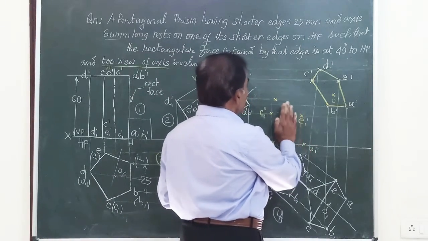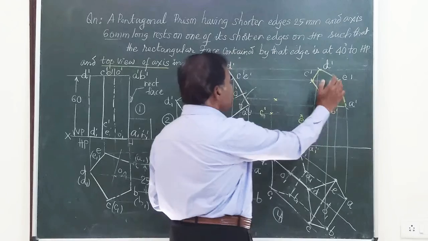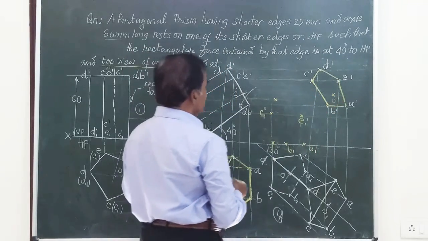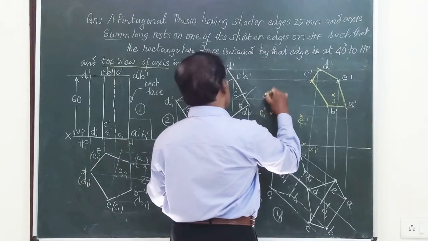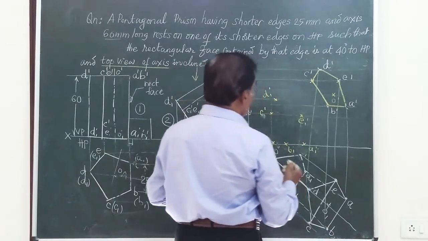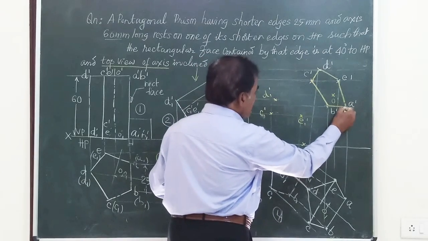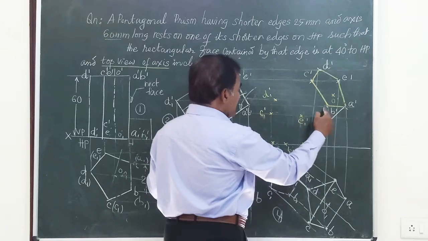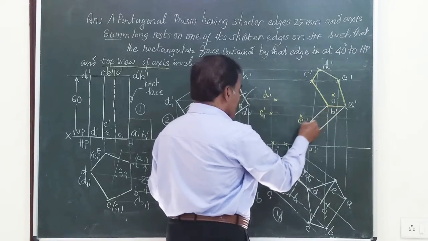If you join these 5 points by straight lines, the figure you get will be exactly identical to the top face. So let me join all these by straight lines one by one. So this is D1 dash. So let me join A dash to A1 dash, one of the longer edges, B dash to B1 dash, the other longer edge.